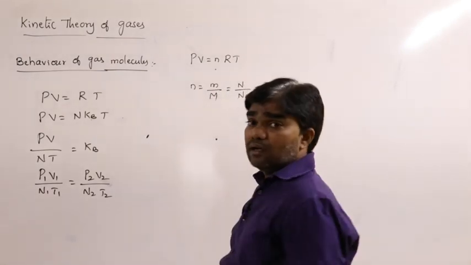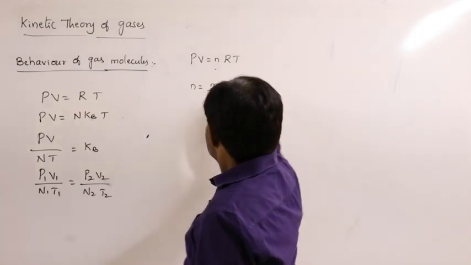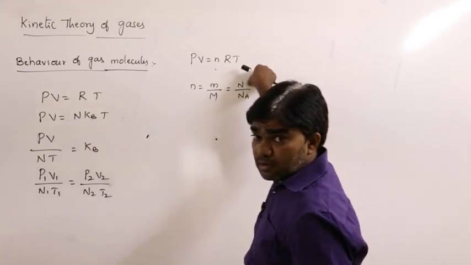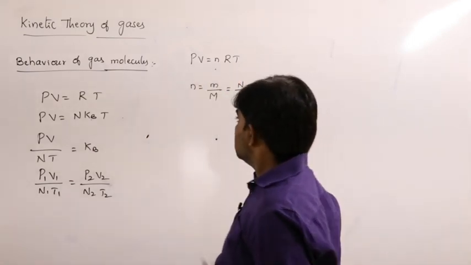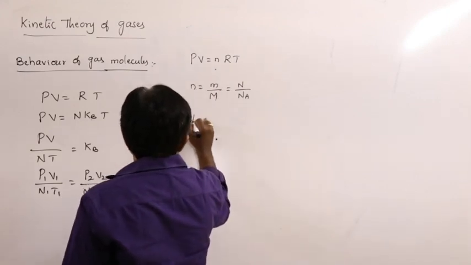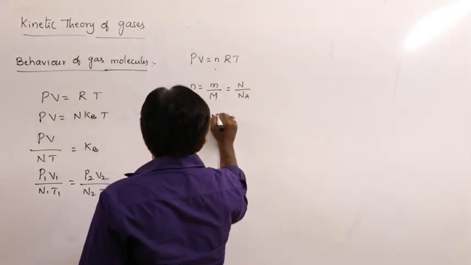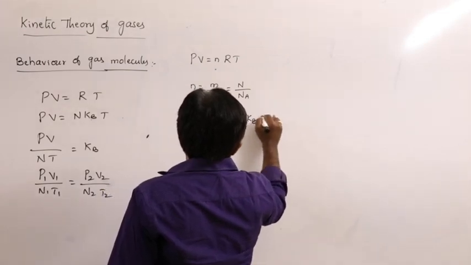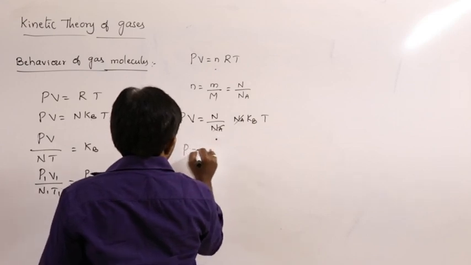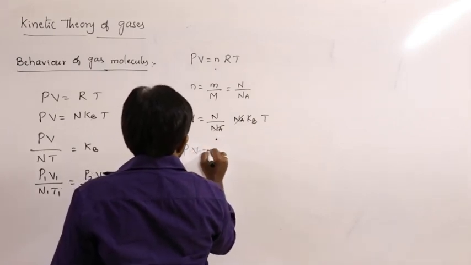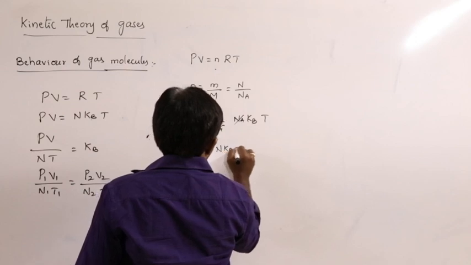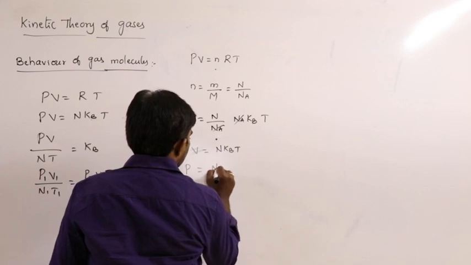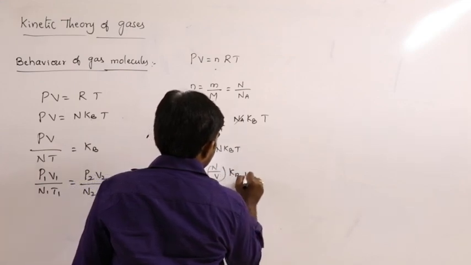The Avogadro number is 6.023 × 10^23. So PV is equal to (N by N_A) into N_A K_B T. N_A cancels, so PV is equal to N K_B T. So P is equal to N by V into K_B T.